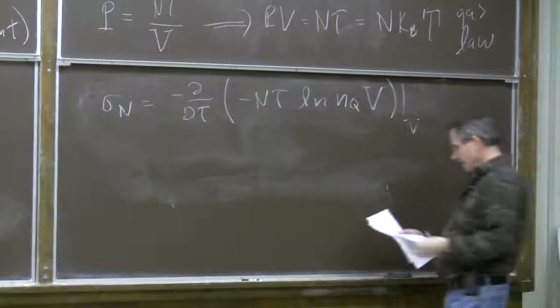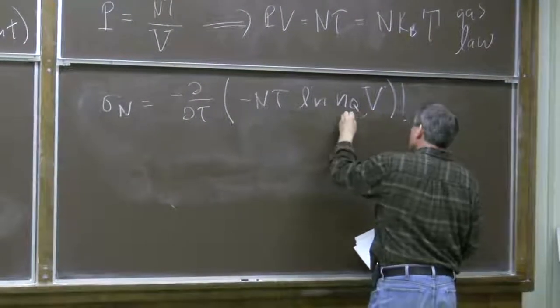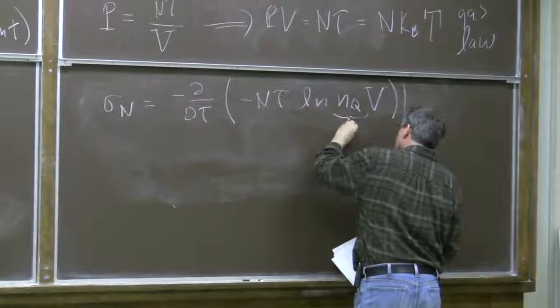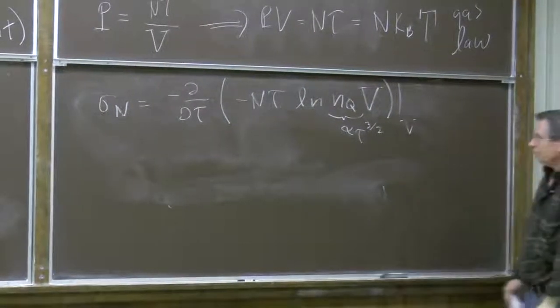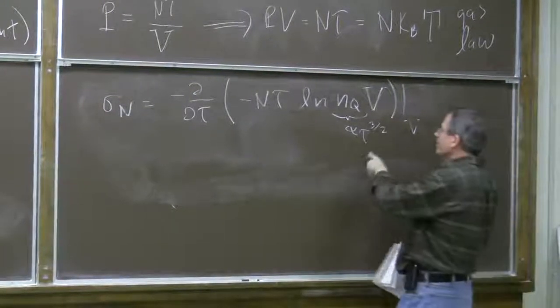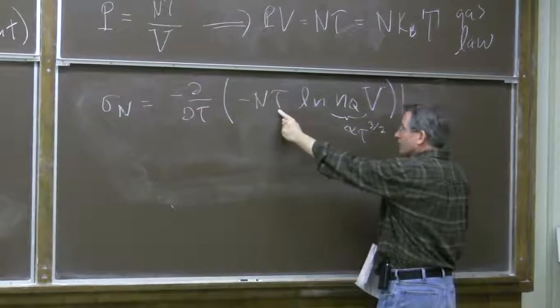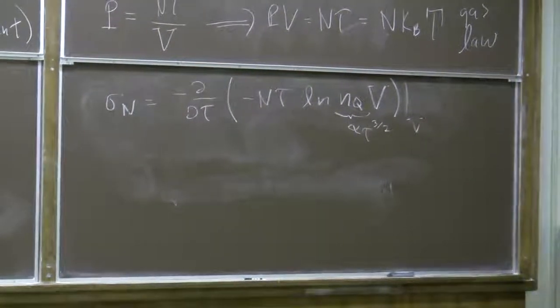And remember, the quantum concentration actually depends on the temperature. The quantum concentration is proportional to tau to the 3/2. So when we differentiate with respect to the temperature, there's temperature dependence in two places, the tau in front here, and the tau to the 3/2 inside the logarithm.